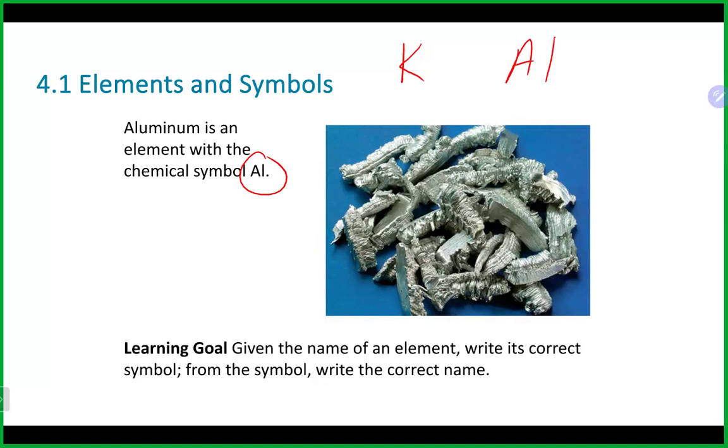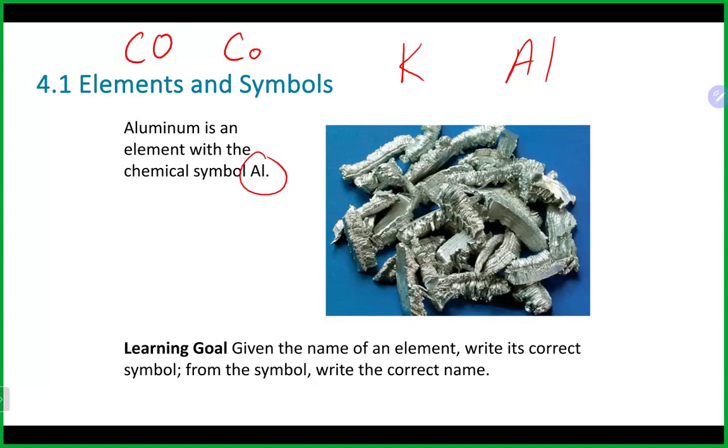Now, if you're somebody that likes to capitalize everything that you write and only use capital letters, that's really problematic if you're writing formulas. So for example, if I write capital C and capital O versus capital C and lowercase o, the one on the left, capital C, capital O, is carbon monoxide, which is very different than the one on the right, which is the element cobalt. Yes.